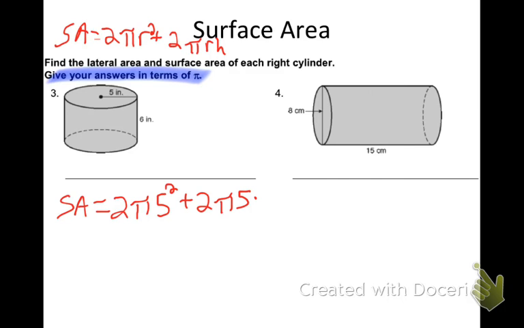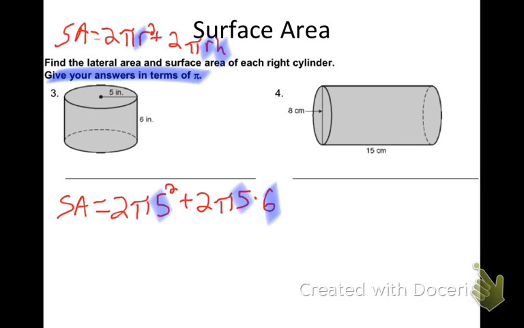Times my height. What's my height? Yeah, so all I did was plug in my radius for that, radius for this. Oh, I put H, didn't I? 6, there we go. 5 squared because it's radius squared. Oh, second one is just 5 because I'm trying to find the circumference.